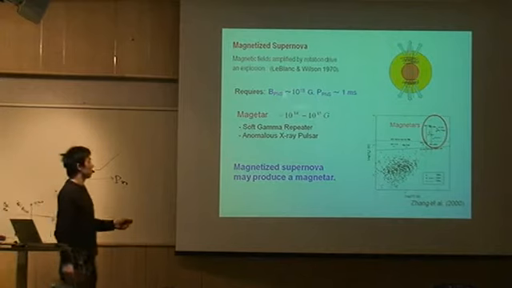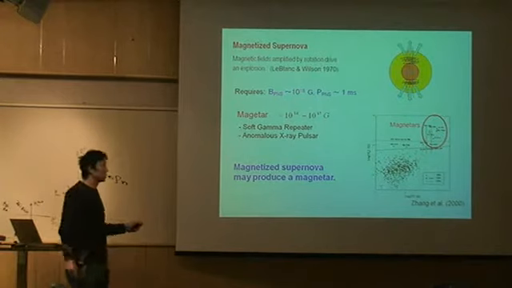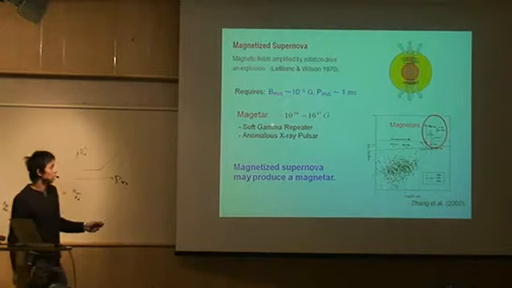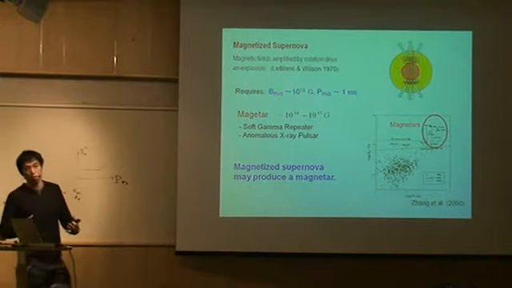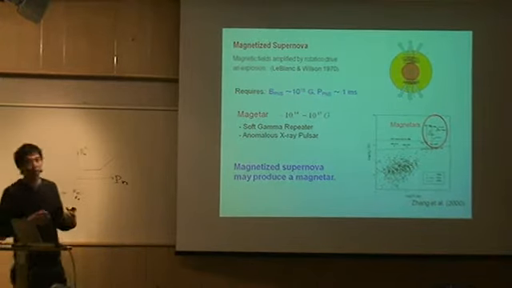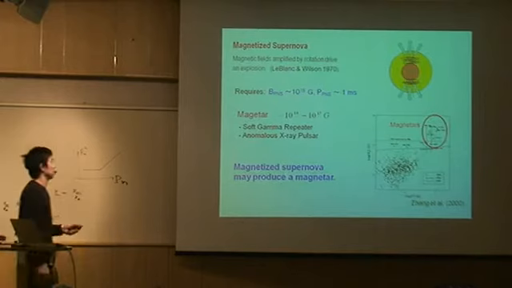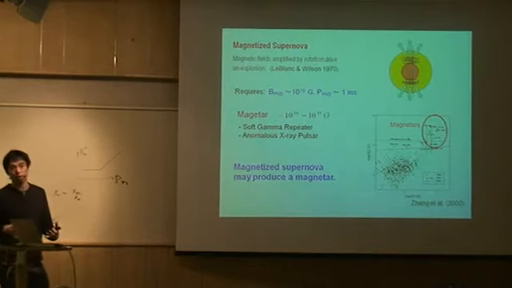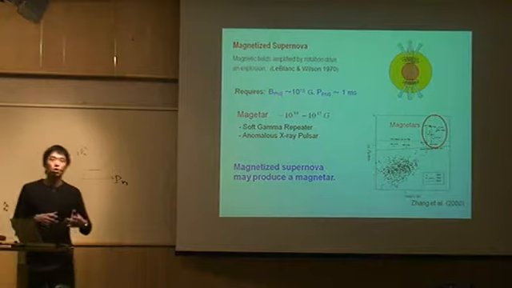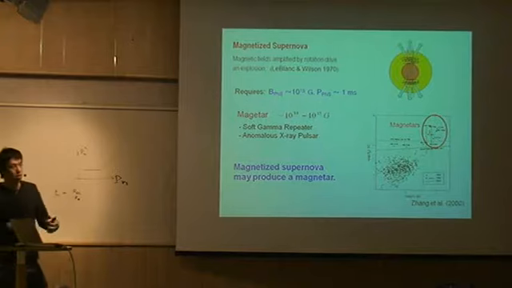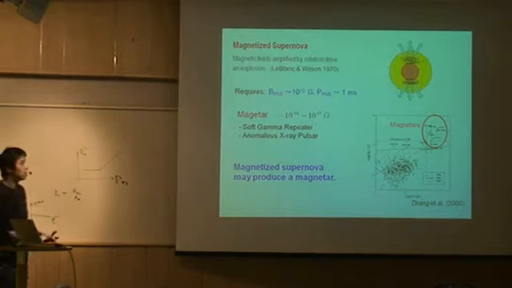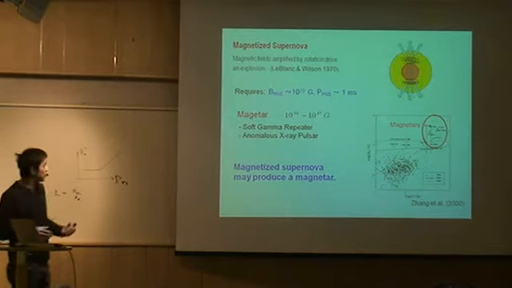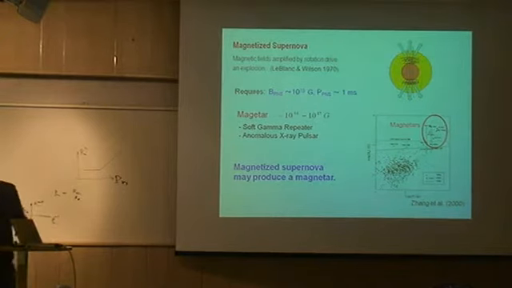This strong magnetic field is 2 or 3 orders of magnitude larger than ordinary radio pulsar magnetic fields. So magnetized supernovae cannot be a mechanism of normal supernovae which produce ordinary radio pulsars, but may be a mechanism of a special supernova which produces magnetars.